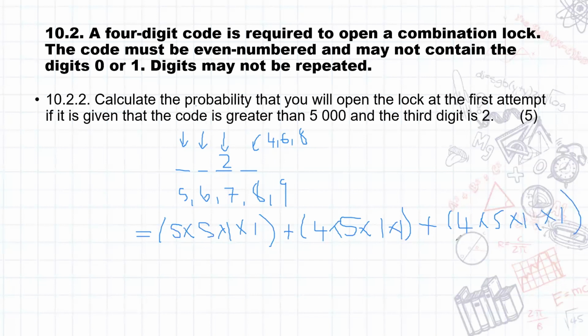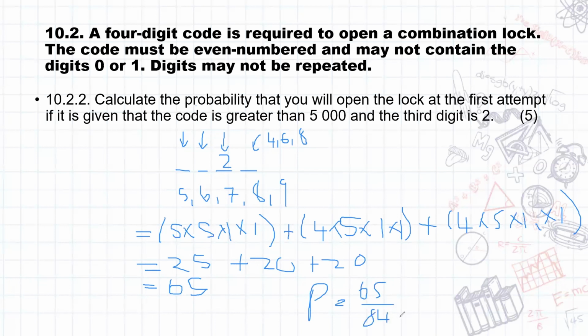So what we have is 25 plus 20 plus 20 is equal to 65. And so there are 65 possible combinations that meet with this possible solution. And so our probability will be 65 over 840.